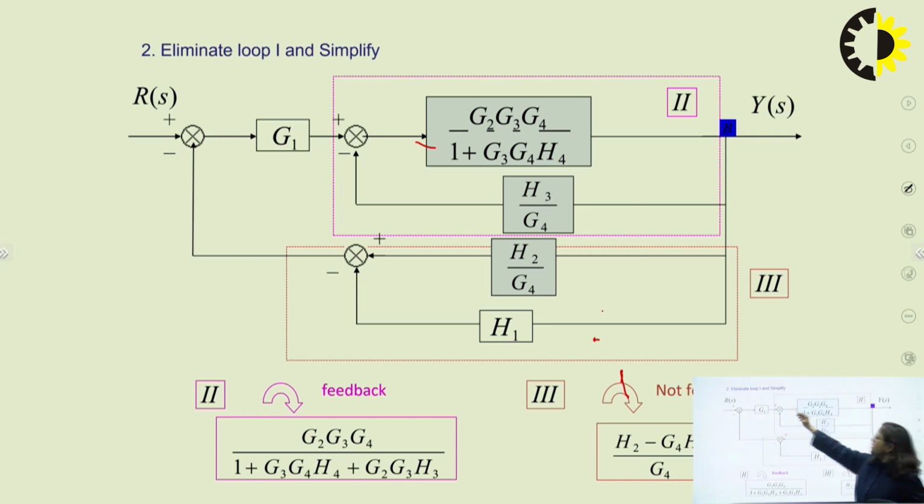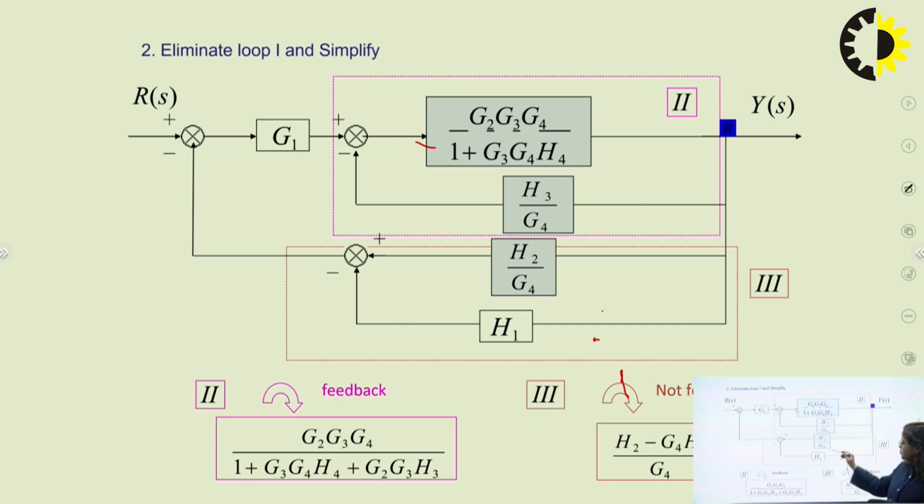So the forward path will be given by this one, and the feedback path will be given by this one. So the forward path function will be G2 G3 G4 upon 1 plus G3 G4 H4 into G2 G3 H3.